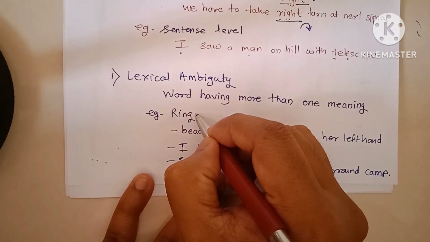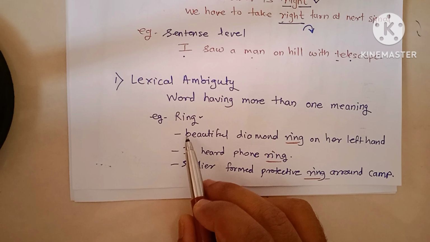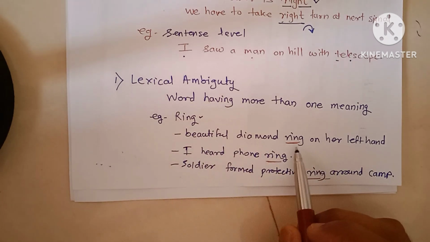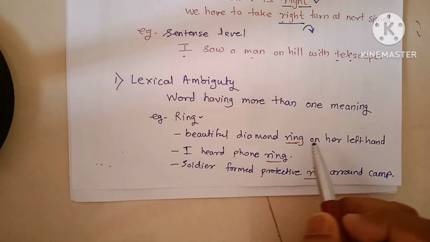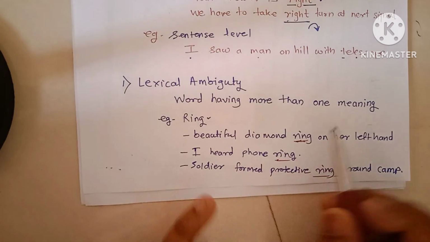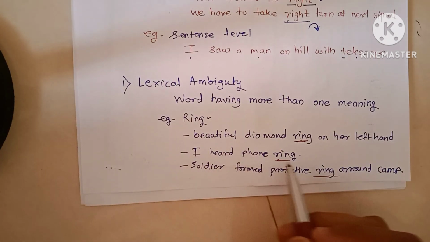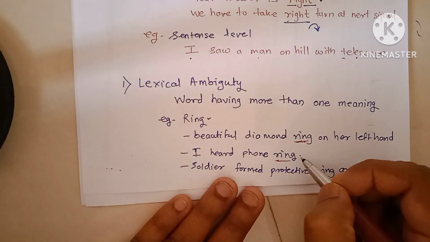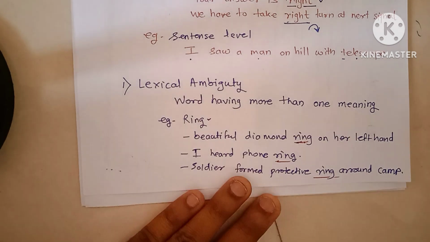Suppose a word like ring. In that, I write over here three sentences: a beautiful diamond ring on her left hand. Here is also the same word ring: I heard a phone ring. Now here ring means what? The ring which you wear on the fingers. And heard a phone ring means the ring, or the bell, of the phone.